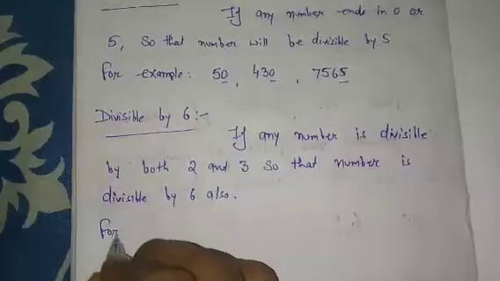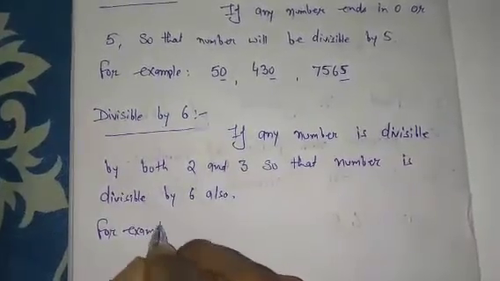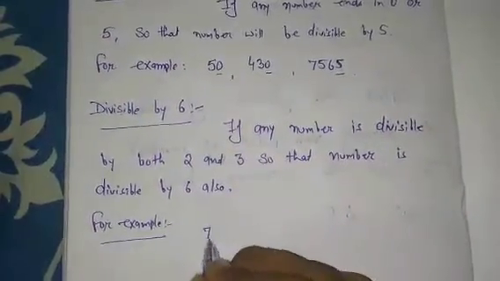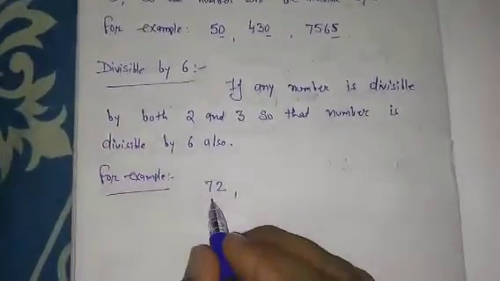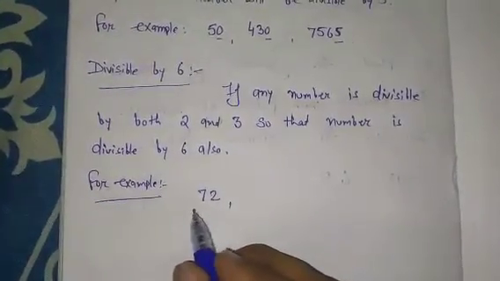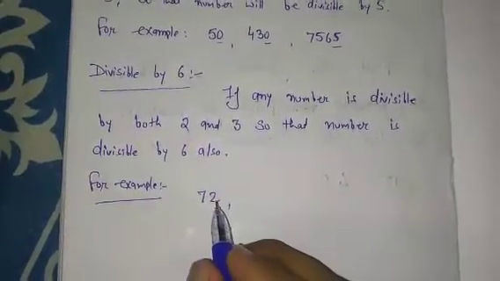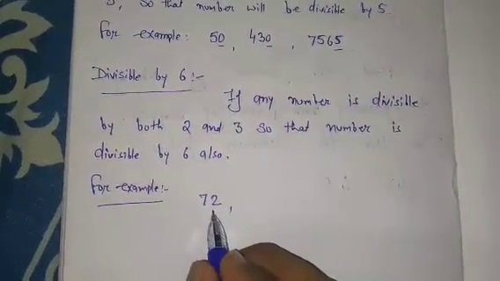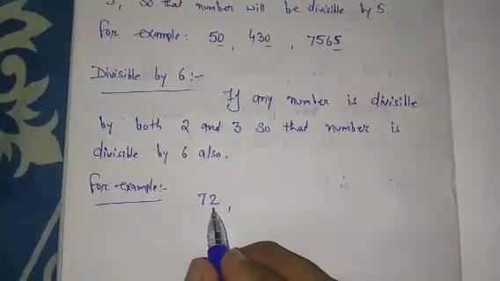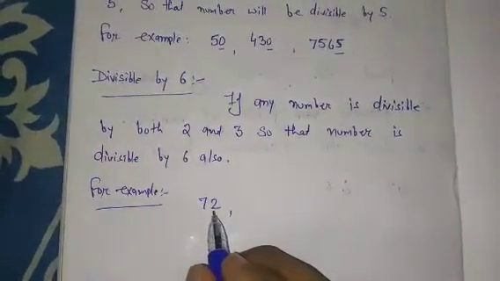If you want to take an example, for example, 72. Here you can see it. You know the rule of 2. If the ones digit is 0, 2, 4, 6, 8, that number will be divisible by 2. Here the ones digit is 2, so that number is divisible by 2. And you know the rule of 3.